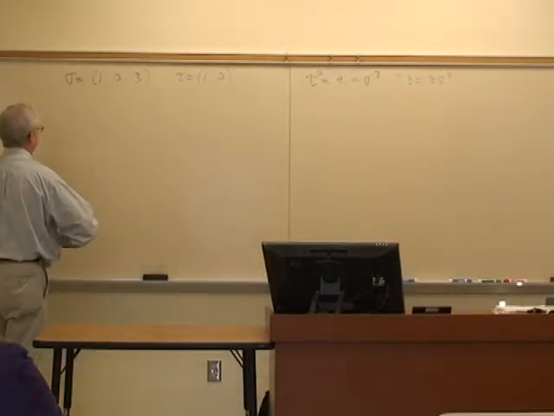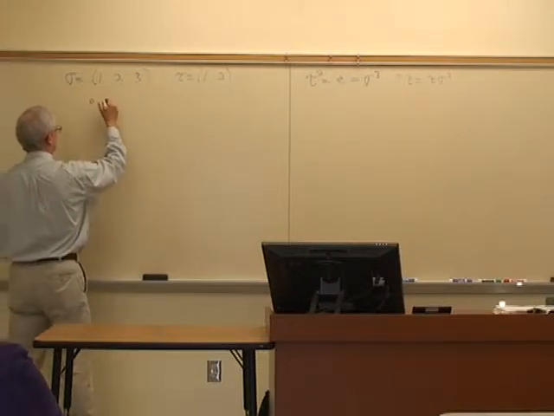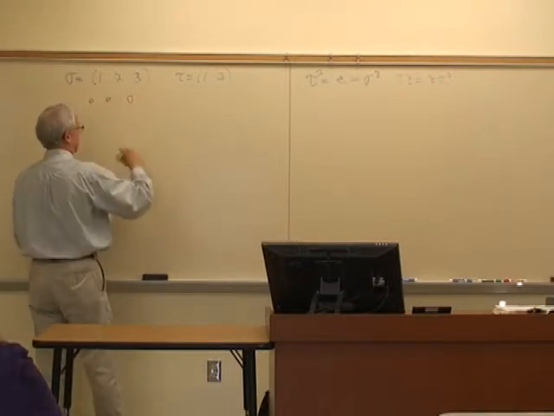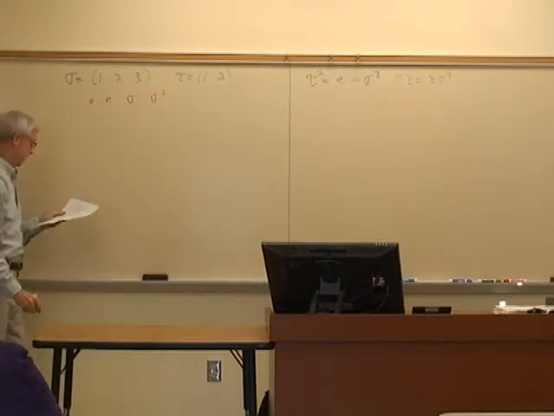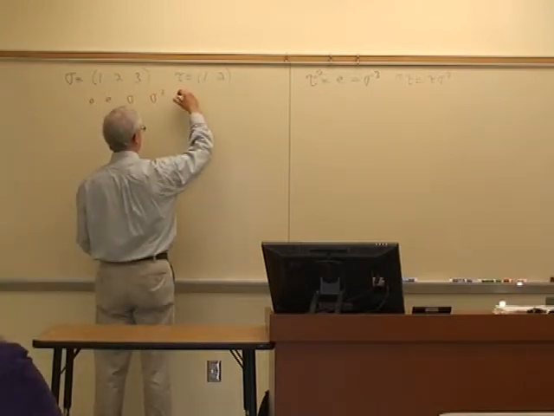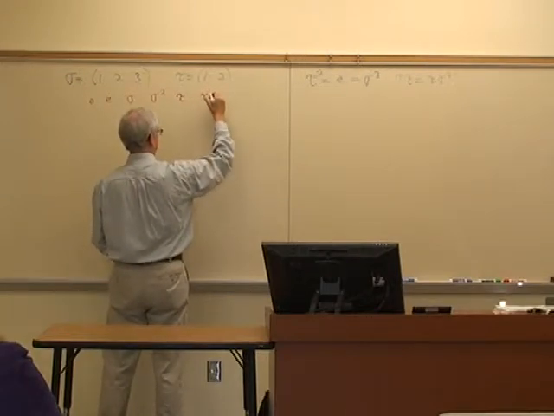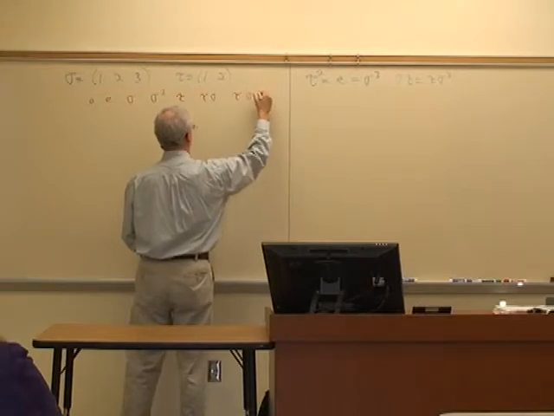We're going to start with composition, and then E, and then sigma, and then sigma squared, and then tau, and then tau sigma, and finally tau sigma squared.